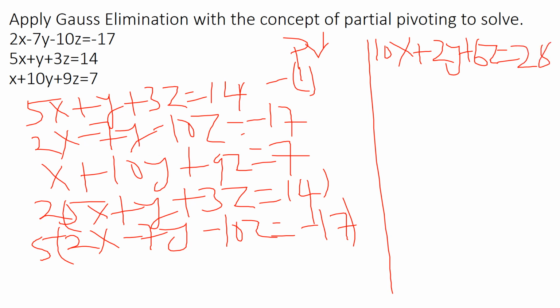And then for the second equation we multiply 5 by 2x, which also gives us 10x, then, no, sorry, it is a minus here, and then 5 multiplied by negative 7y gives minus 35y, and also 5 multiplied by negative 10z gives us minus 50z, and 5 multiplied by negative 17 is equal to negative 85.